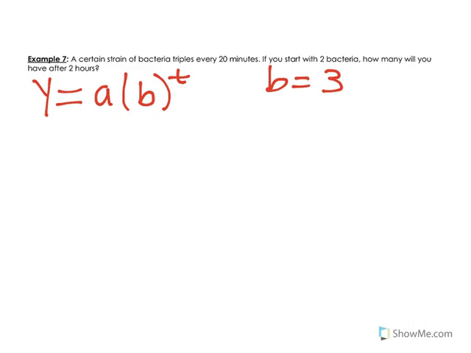So, the formula we're using for this one is y equals A times B to the T. This says our bacteria triples every 20 minutes. So our growth factor is 3. We start with 2 bacteria, so our initial value is 2.